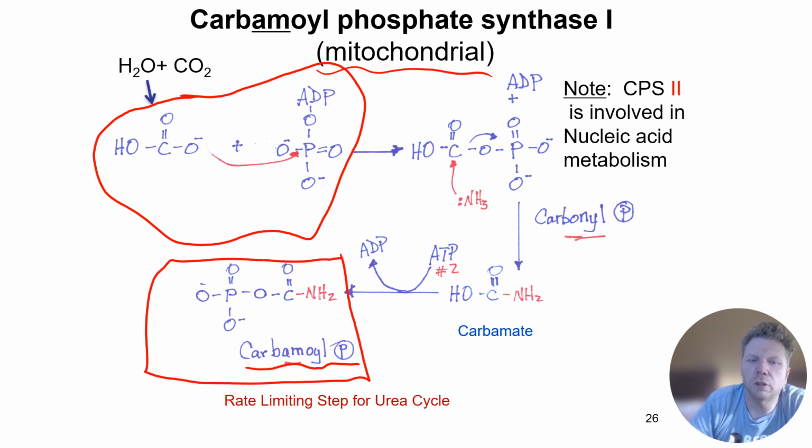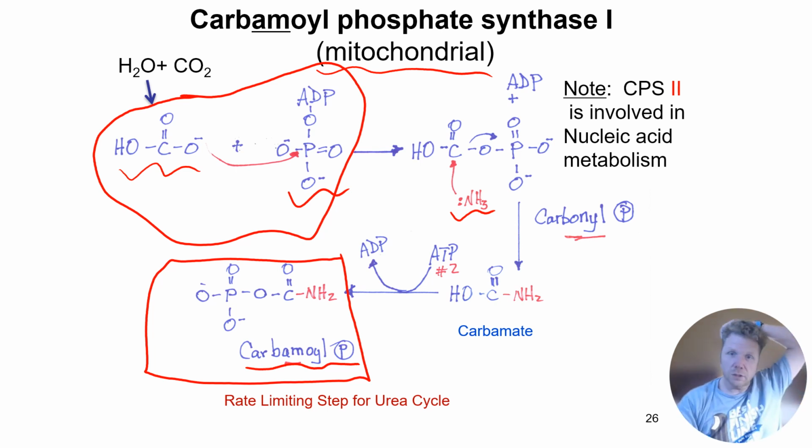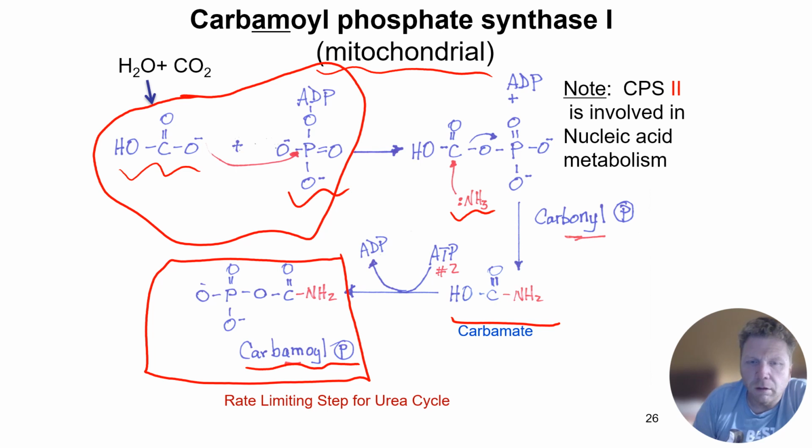What I want you to know about this is the building blocks: HCO3-, ATP, NH3. Those are your 3 big building blocks. That's going to produce a carbamate, and that carbamate can get phosphorylated to make our carbamoyl phosphate.